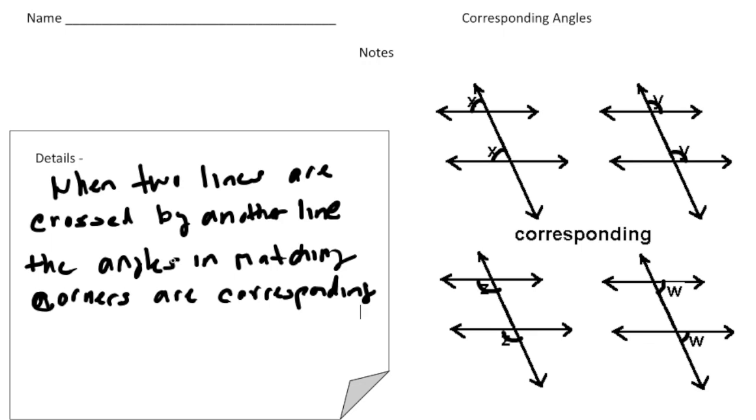Okay, so when two lines are crossed by another line, the angles in matching corners are corresponding.